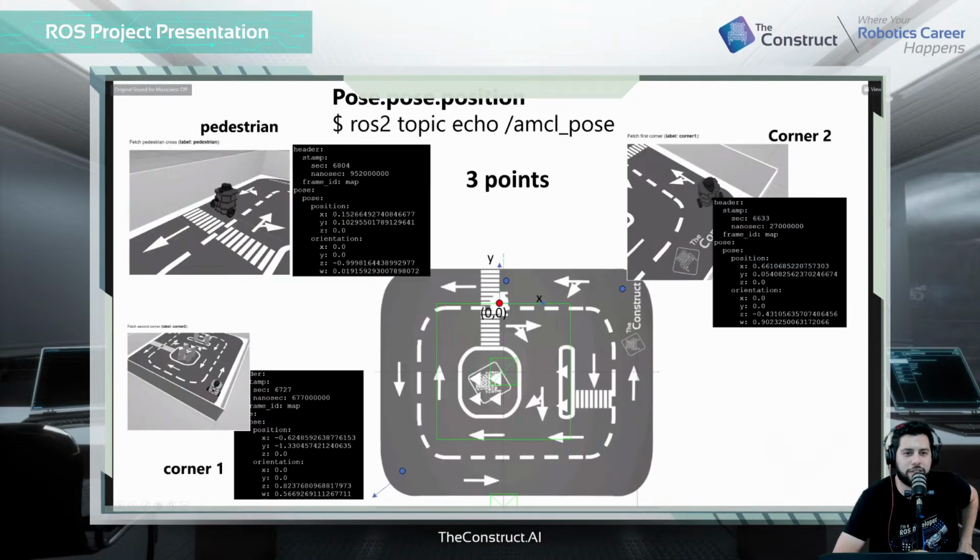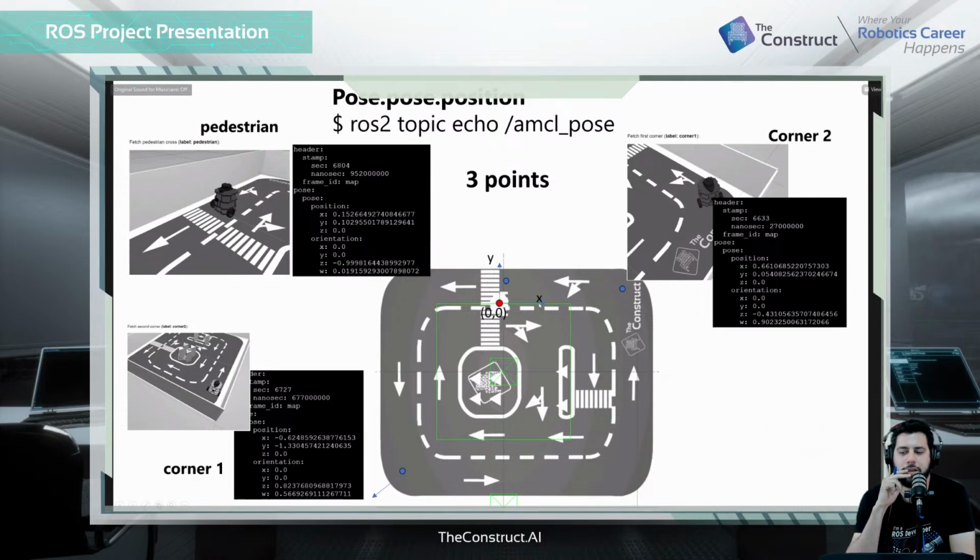Before going to the live demo, I'm going to show you what our objective is. There are three points we're interested in: corner one, corner two, and the pedestrians. This is the coordinate of the map. The robot starts from the red spot here, at 0,0, which is the starting point.